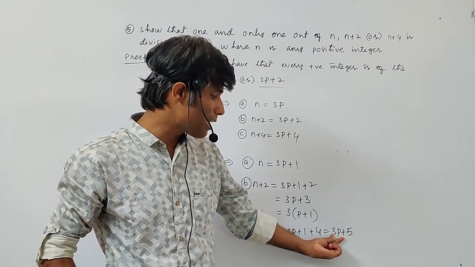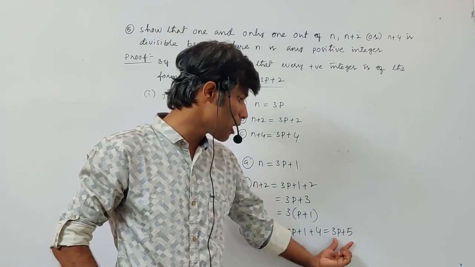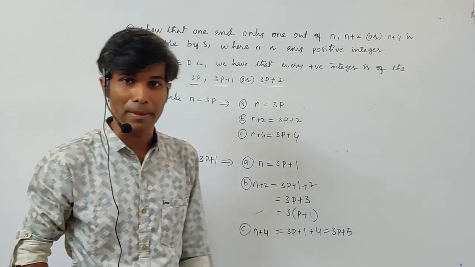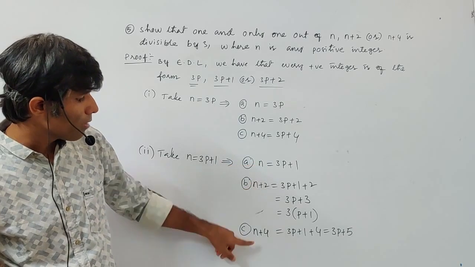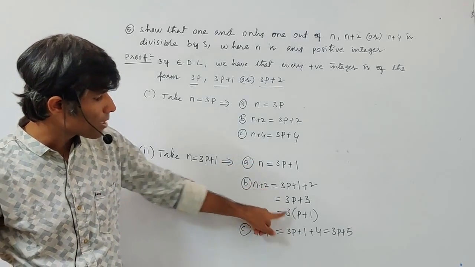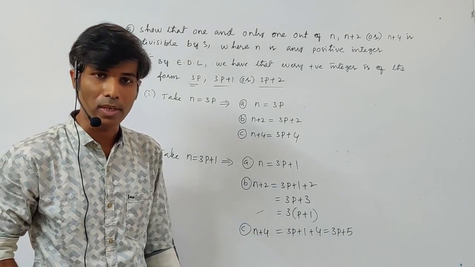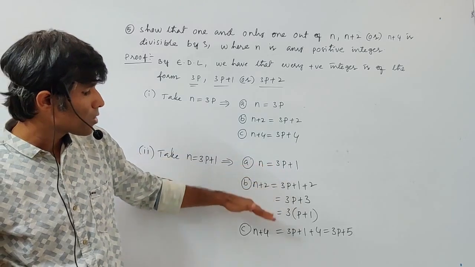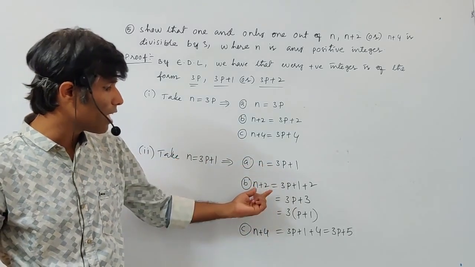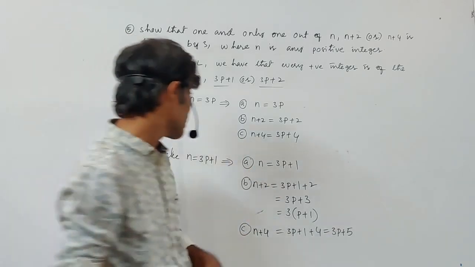Here 3p is a multiple of 3, but 5 is not a multiple of 3. Therefore 3p plus 5 is not divisible by 3. So we can observe that among these three numbers, only n plus 2 is divisible by 3 because this is 3 into some p plus 1. So among n, n plus 2, n plus 4, only n plus 2 is divisible by 3. Let us go for the next case.